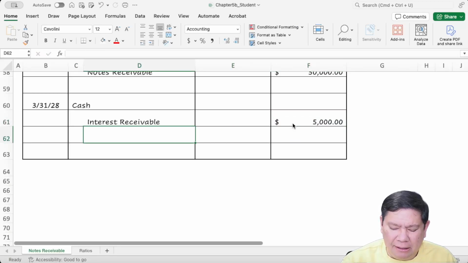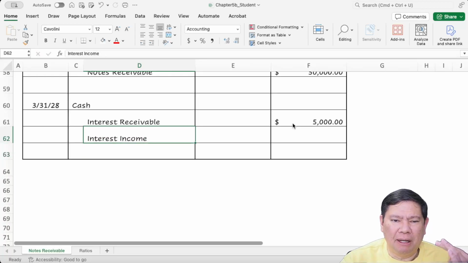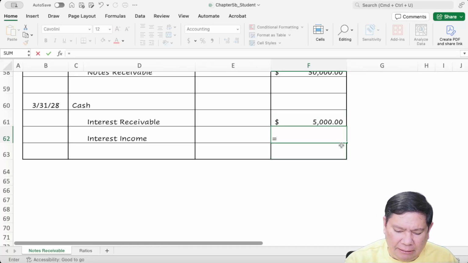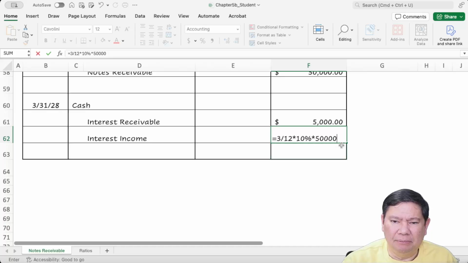We have to recognize interest income for January, February, and March, which is 3 months out of 12 times 10%, 10% times 50,000.